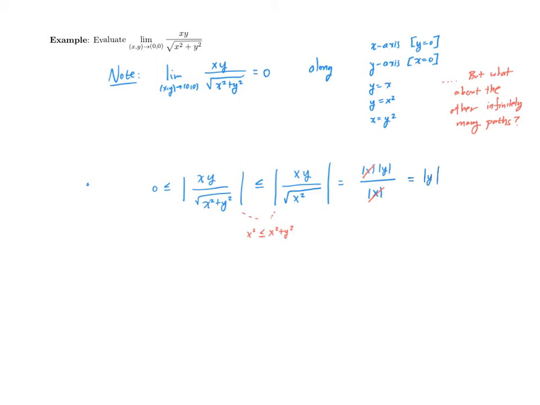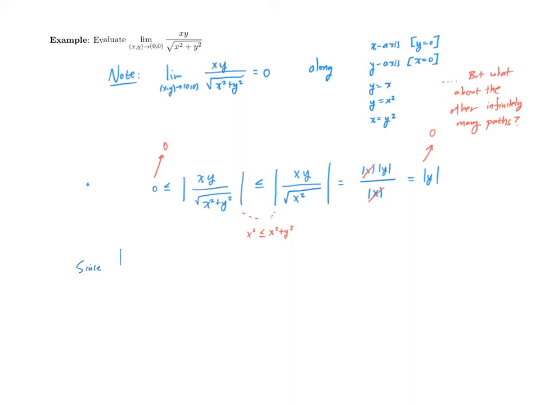This is going to give us exactly what we want, because as we approach the origin, 0 goes to 0 and the absolute value of y goes to 0. What we know from our Calc 1 experience is that anything in between is also going to be forced to approach 0.